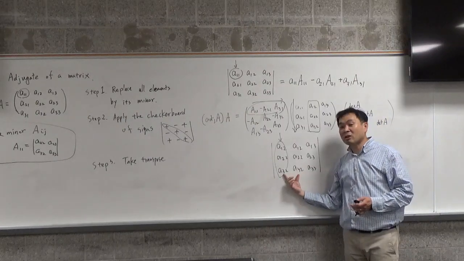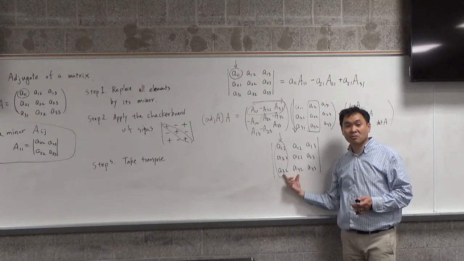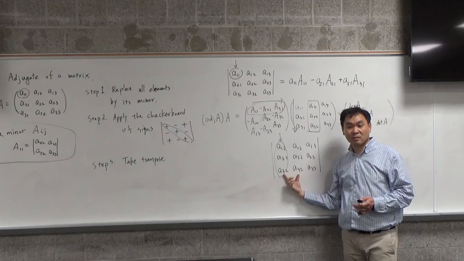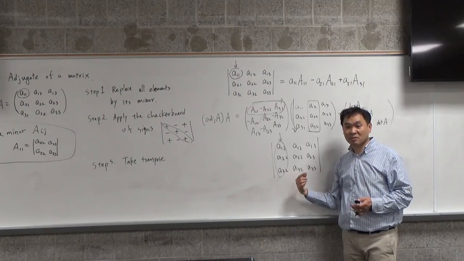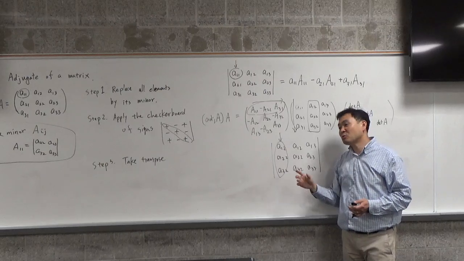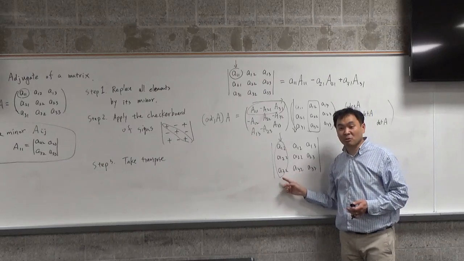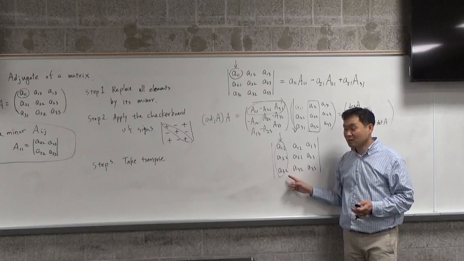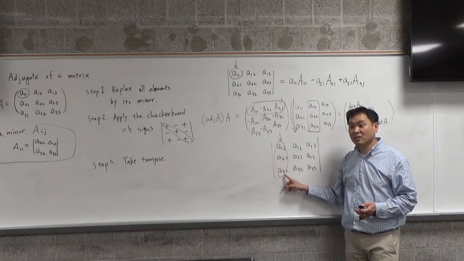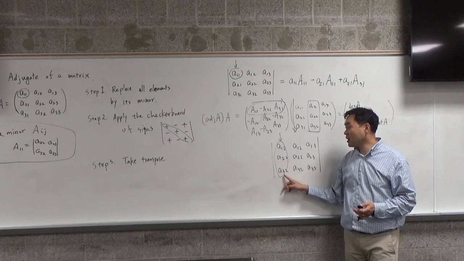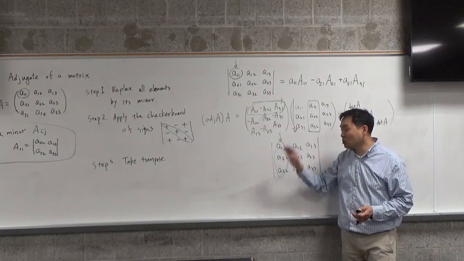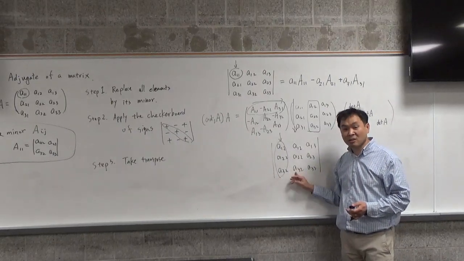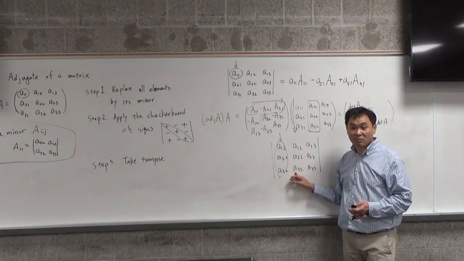And if you have the same column, what happens? You remember the row operations or column operations, right? You can take any multiple of one column added to the other, and the determinant doesn't change, right?